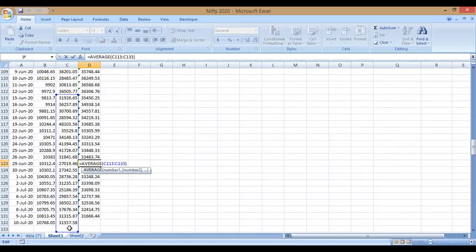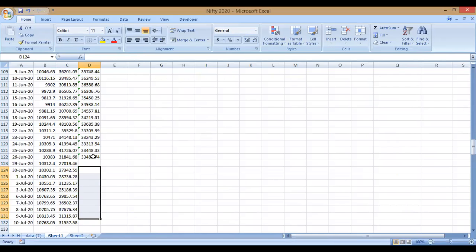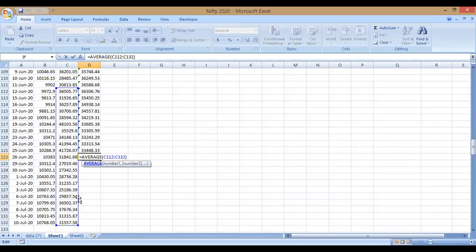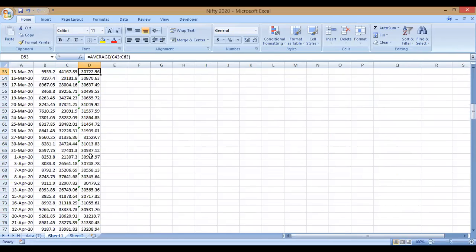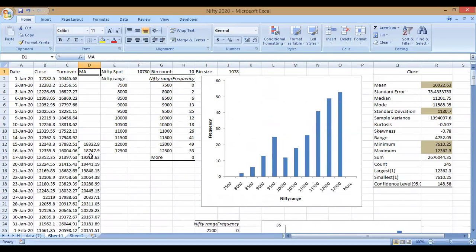This is showing C113 to C133, and 133 is not there, so this is also wrong. I'll take it out, and everything down below will also be taken out because those are also not right. You have to take it out till the data points it is relevant. This is still row 132, and that is the last data point for the moving average.